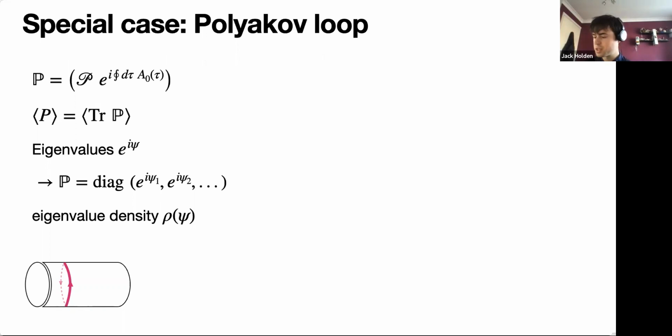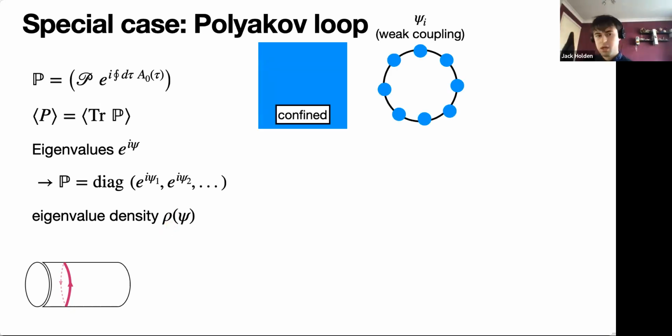So it will be more convenient to discuss the density distribution denoted by rho. So this is the confined phase. As we saw before, the eigenvalues are uniformly distributed, and so the density will be uniform.